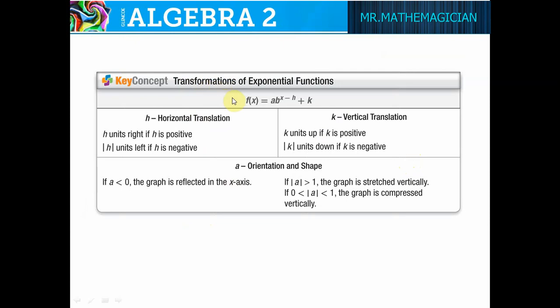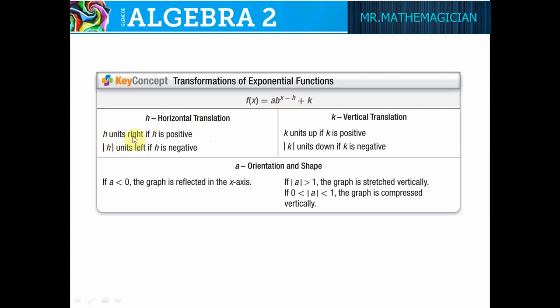Now, transformations of exponential function. F of x equal a, b to the power of x minus h, plus k. H represents horizontal translation, the number added or subtracted from x in the power.